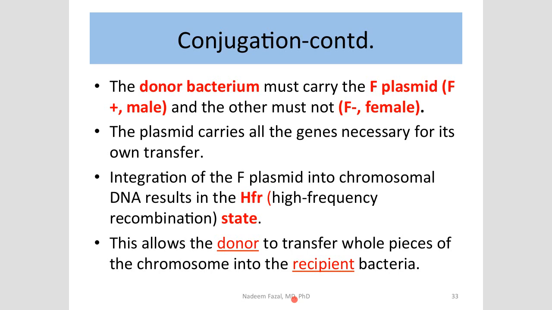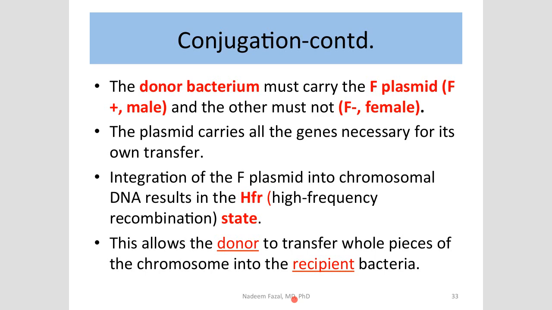This process has to occur, because unless there is a sexual union between these bacteria, they cannot do so. So it goes into the activation phase, where the donor transfers whole pieces of chromosome into the recipient bacterium. That's the key here.